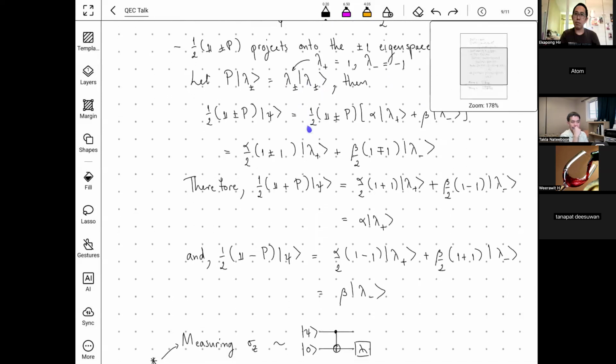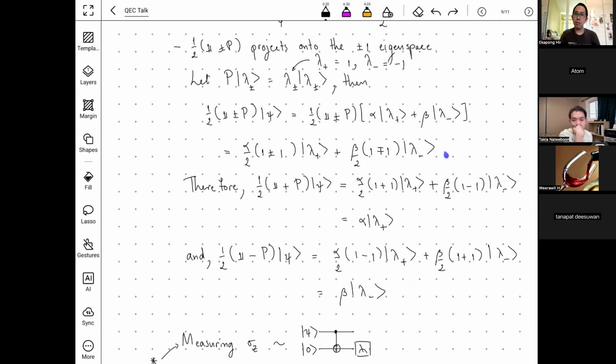When you apply this to any ket, because the Pauli operators are Hermitian, their eigenvectors span the whole space. So you can write any state psi as a sum of their eigenstates. Then you can just apply that and expand out.